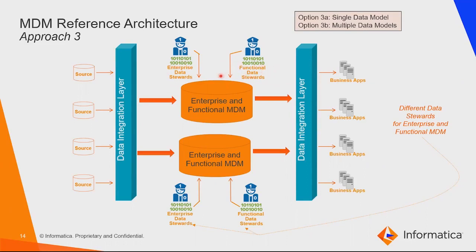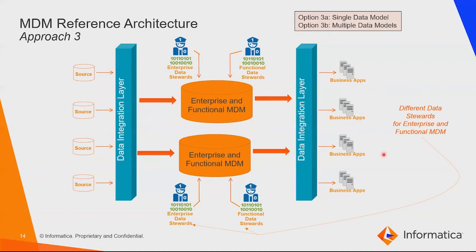Similar to previous architectures, we have multiple sources and consuming applications, and they are being routed or orchestrated using the data integration layers. Once the data is in MDM through these data integration layers, the data stewards and regular MDM capabilities are used to master your data, and then once the data is mastered, it's sent out to your consuming applications.